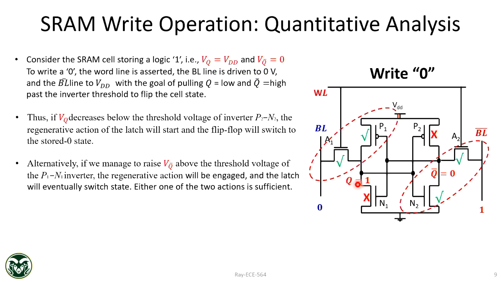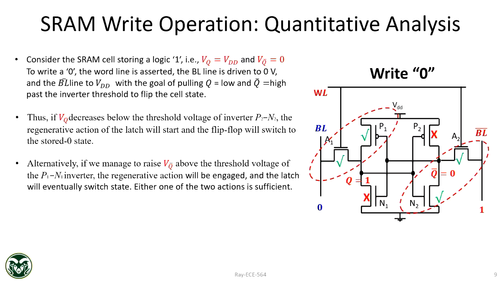So there is a lot of design tradeoff, but did I answer your question? You have to have P1 weak and A1 stronger than P1 to make sure write happens, and write will happen through this path, not through that path. That path, from the read point of view, has to lose, so it will not drive the writability. Writability of the cell will be driven by the P1 and N1 combination.